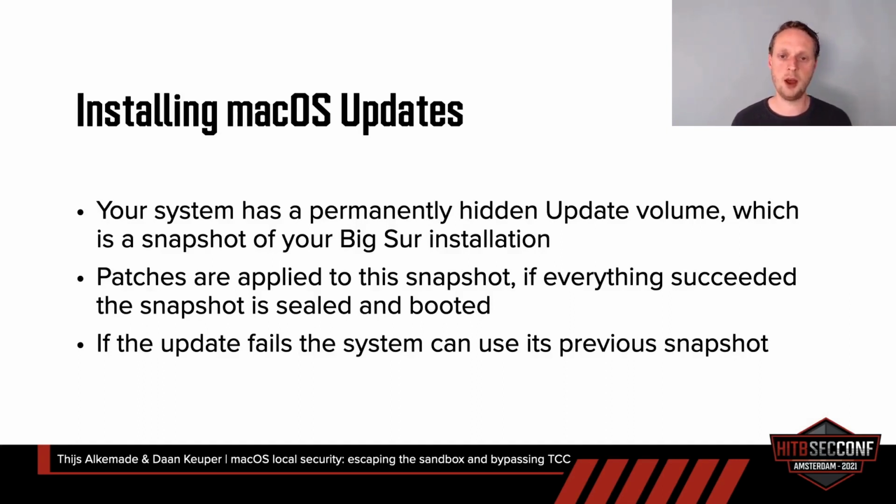Patches are applied to this specific snapshot, and if everything succeeds, the snapshot is sealed and the system is rebooted, and it will then boot from the new snapshot, which has a valid signature. But if somehow the update fails, the system will just continue booting from the previous snapshot and it can try again. This also makes the update process a little bit more robust.